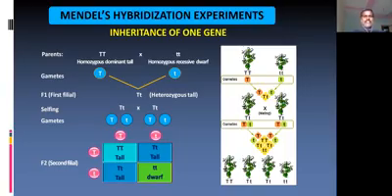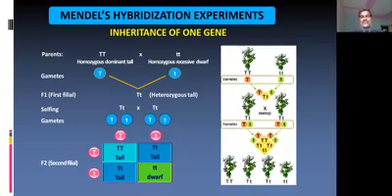In the F2 generation, you will get tall, tall, tall, and one dwarf. Out of 4 plants, 3 plants were tall and 1 plant was dwarf.